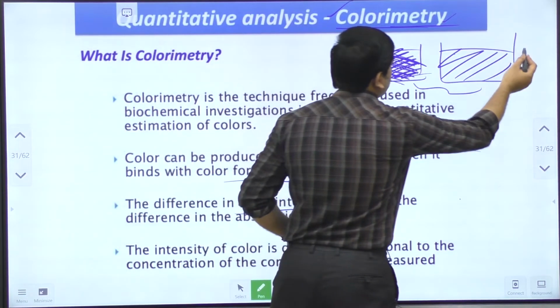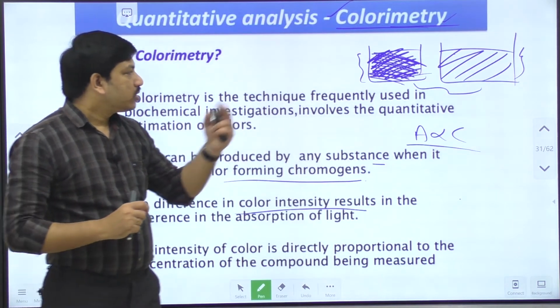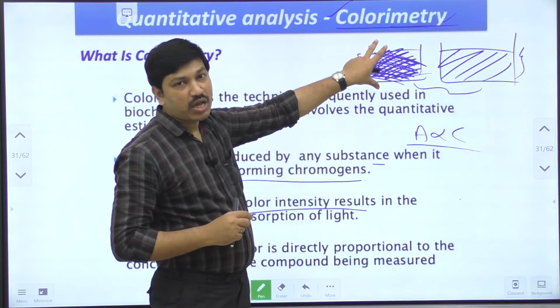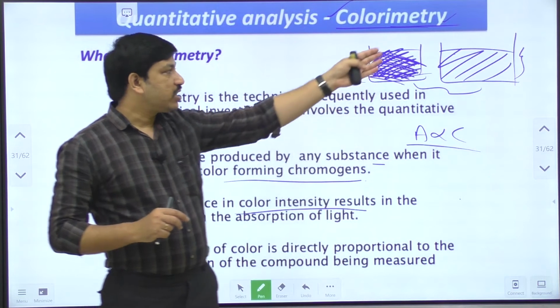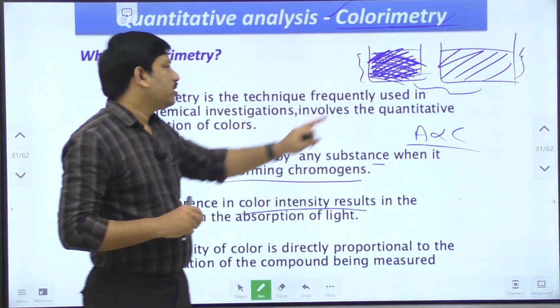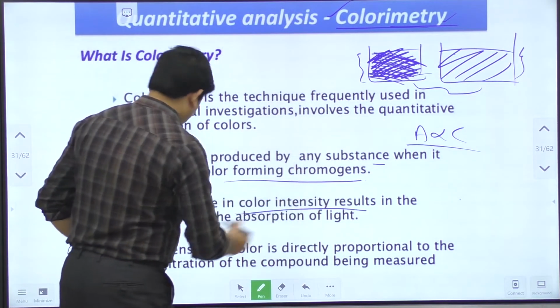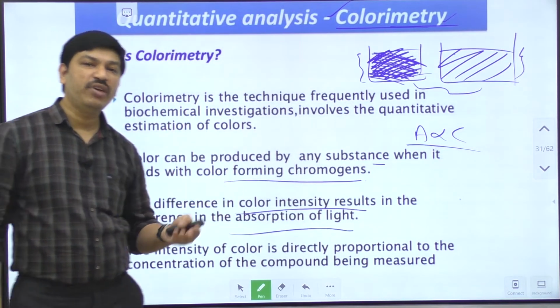A pale one has less color producing compound. So both have different concentrations: the first compound has more concentration and the second has less. Once the concentration decreases, the corresponding absorption values also decrease. So that is the third point: the difference in color intensity results in the difference in the absorption of light. They will absorb different wavelengths.